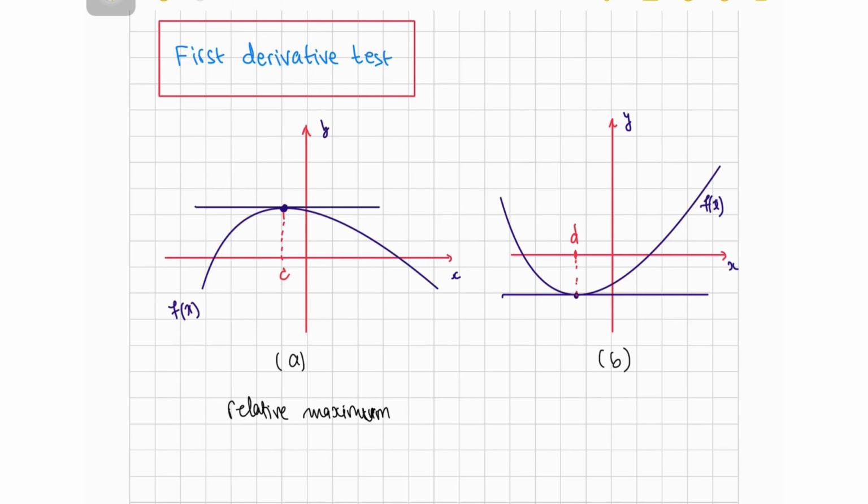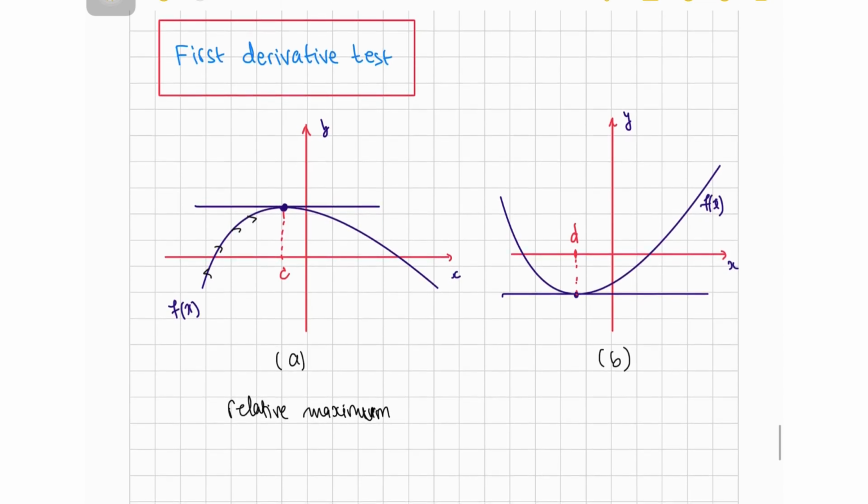And that means that if you imagine that this graph represents like a trajectory, that trajectory goes up to a certain point or a certain value, and then it starts going down. So that obviously means that at C there is a relative maximum.